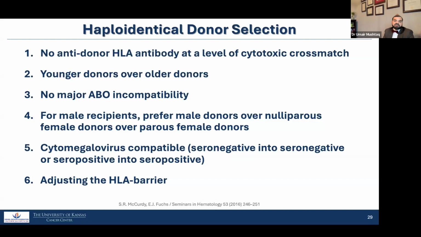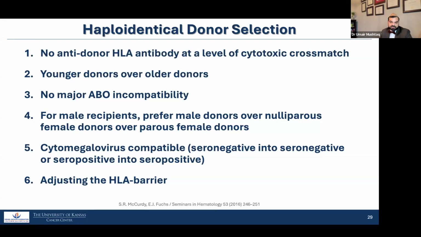Younger donors, a young male is considered an ideal donor, so younger over older donor, no major ABO incompatibility. For male recipients, prefer a male donor over nulliparous female over a parous female. Prefer a sibling or a child donor compared to a parent donor.